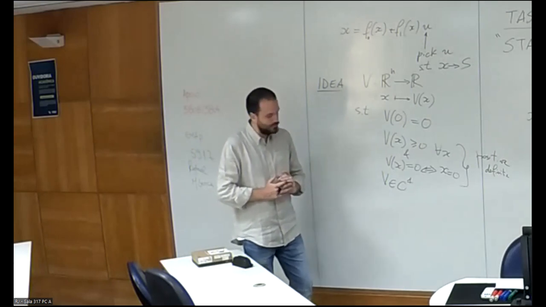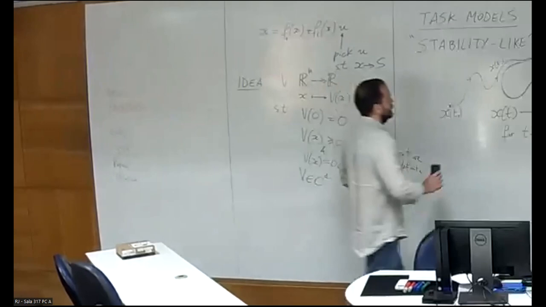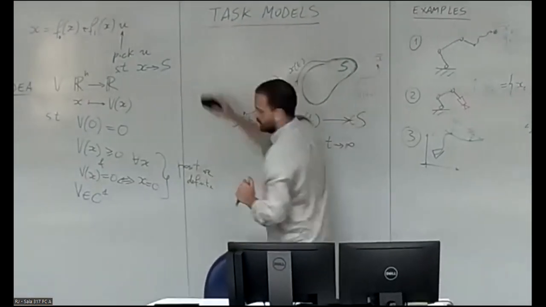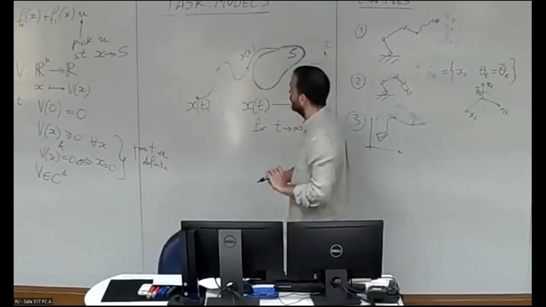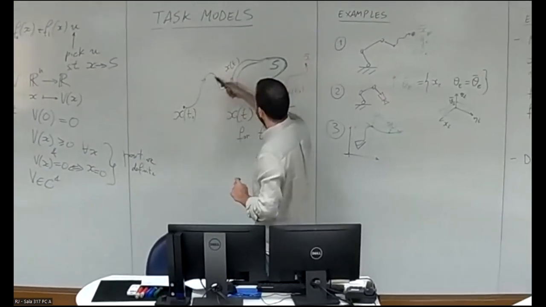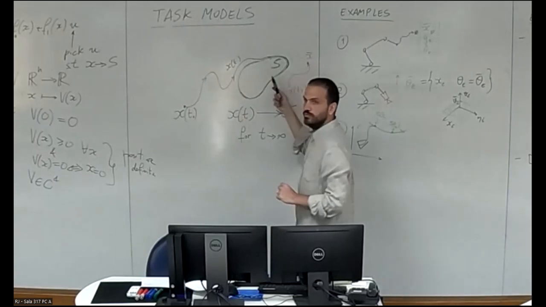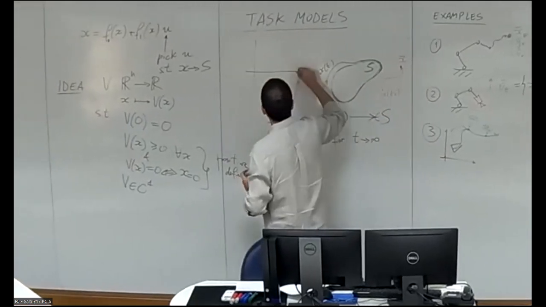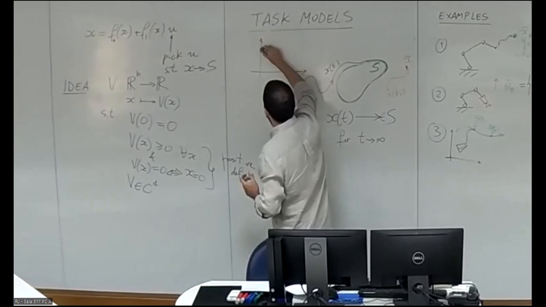Now, what do we do with this V? On this picture, if this is the trajectory of x of t that goes to the target, the analogous trajectory of V is something like that.